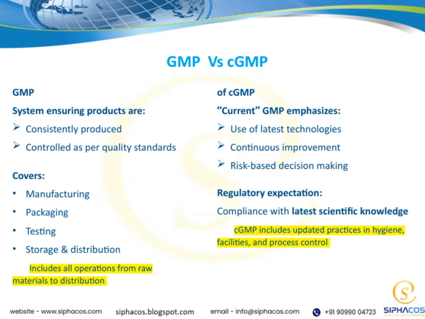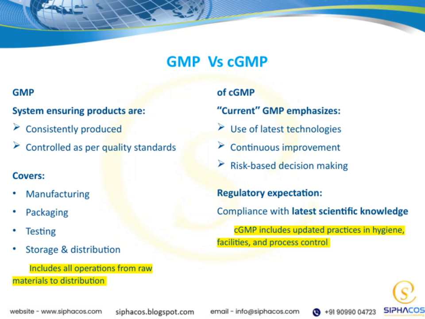Let's compare GMP and cGMP for clarity. Traditional GMP is about ensuring that products are consistently produced and controlled according to quality standards. It covers critical operations like manufacturing, packaging, testing, as well as storage and distribution.